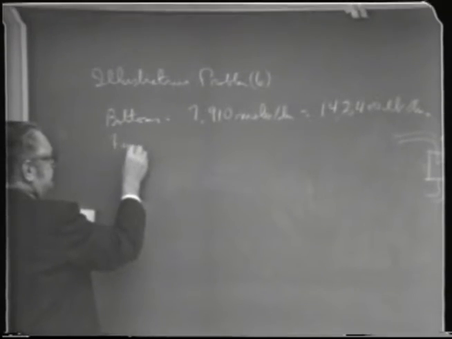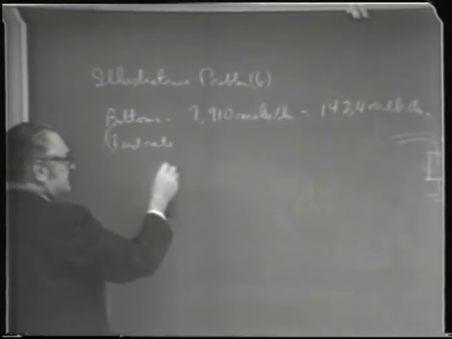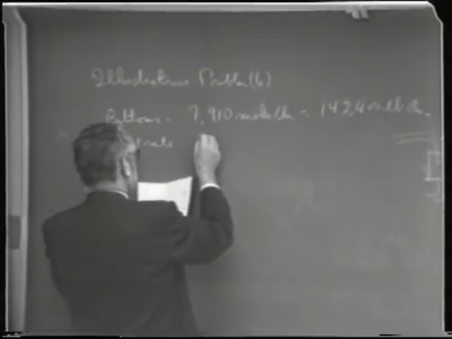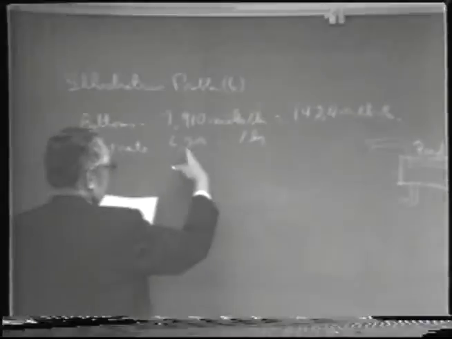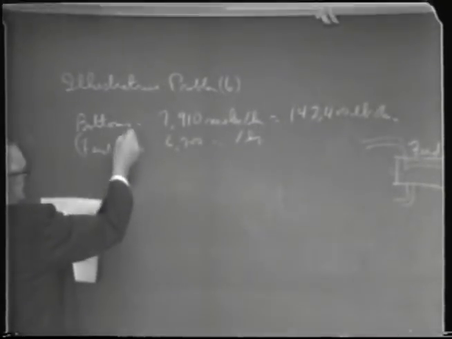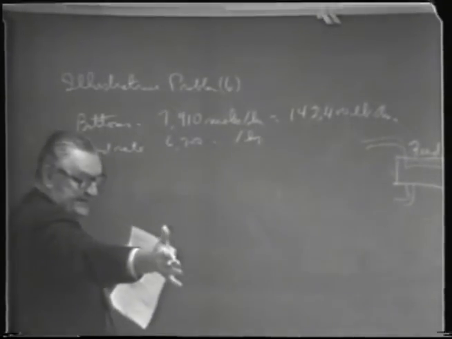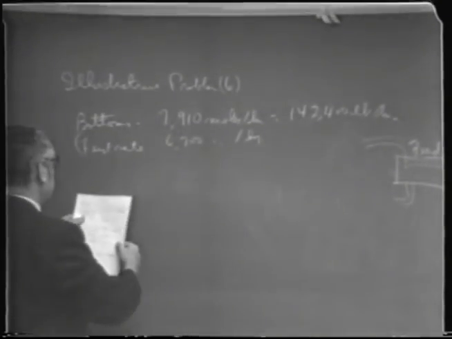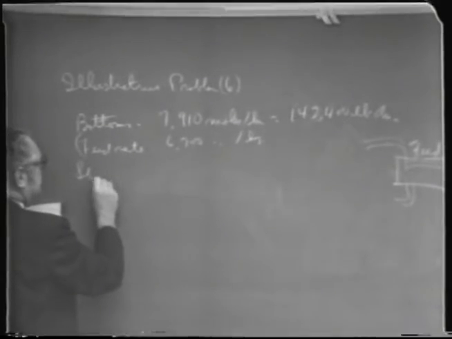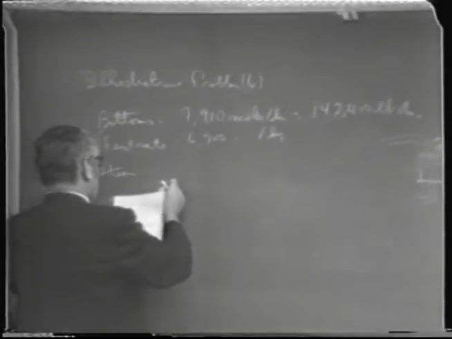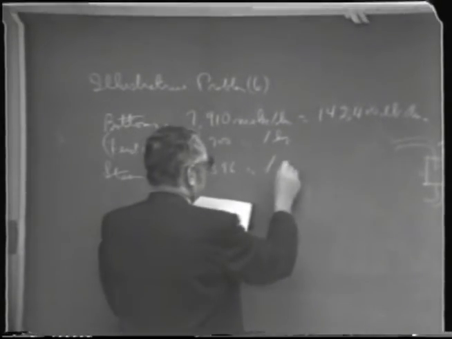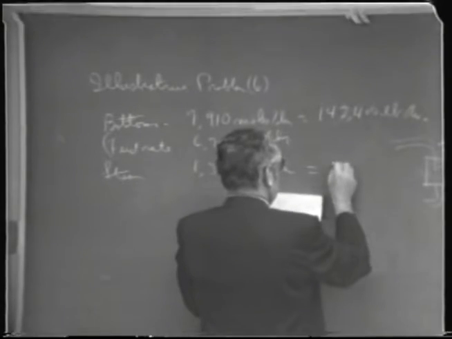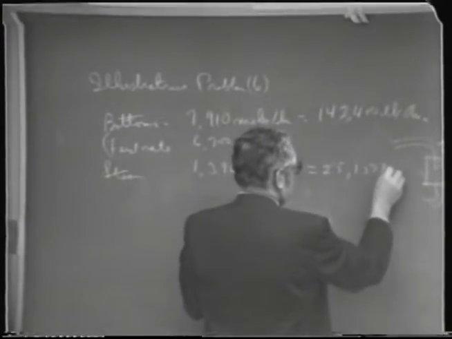Incidentally, the feed rate, which we don't need here, was about 6,700 moles per hour. I forgot how many pounds that was, but it was somewhat less than the bottoms rate because of the condensing steam that we had because of the temperature of the feed. But anyway, what we're interested in, the steam requirement was 1,396 moles per hour, which is equal to about 25,150 pounds per hour.